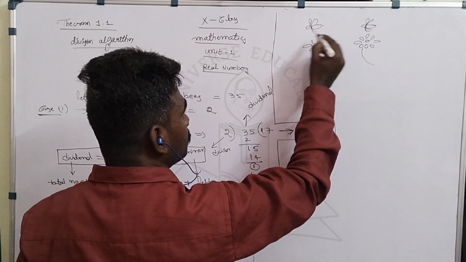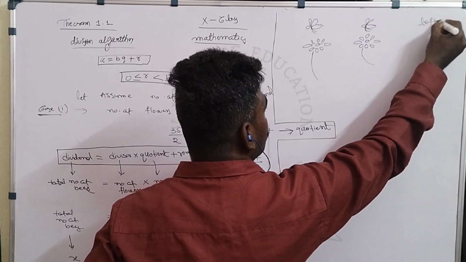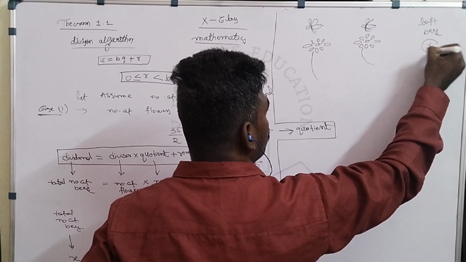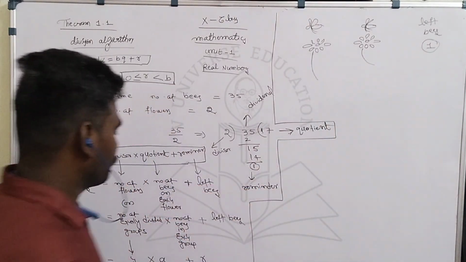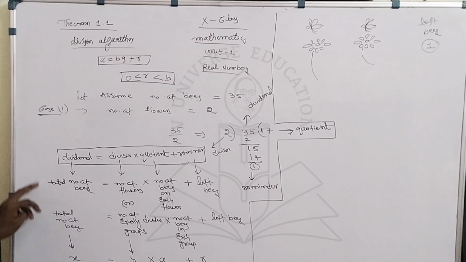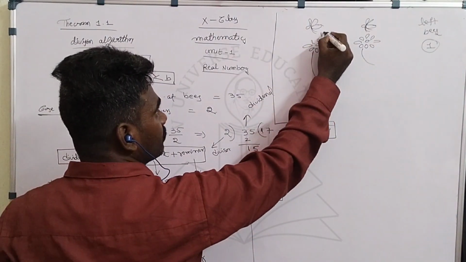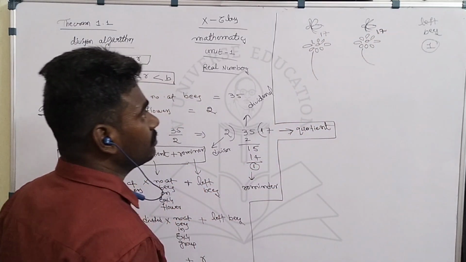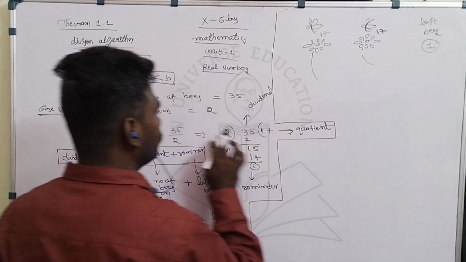On the 2 flowers, equally divided bees are there, and the left bees I am writing here, that is 1, given in the first case. So by our analysis, if we take 35 bees as the total number of bees, it is equally divided into 17. This is a, 17 here and 17 here. Next, the left bees are 1. The complete count: 17 plus 17, 34, 34 plus 1, 35.